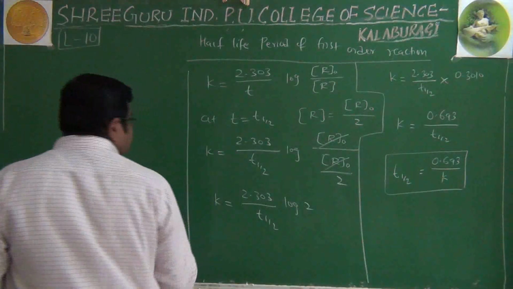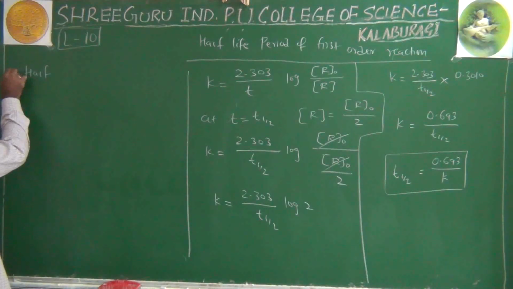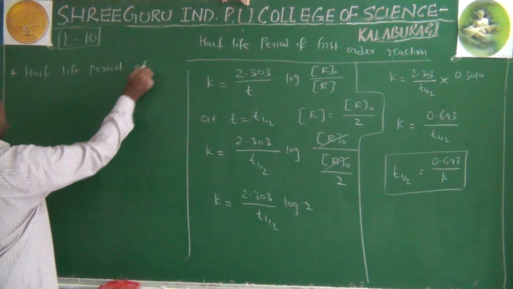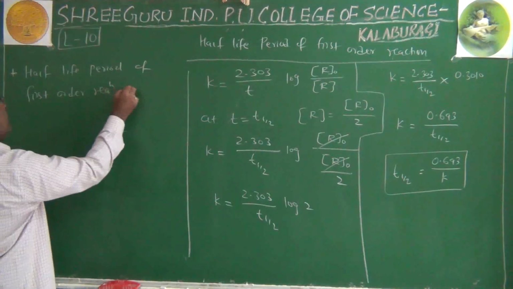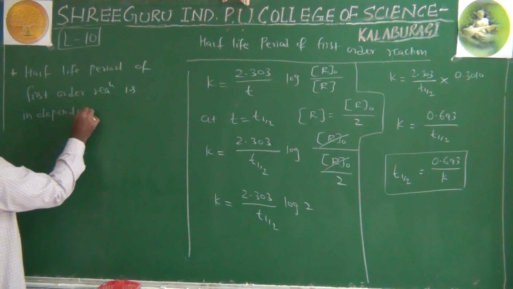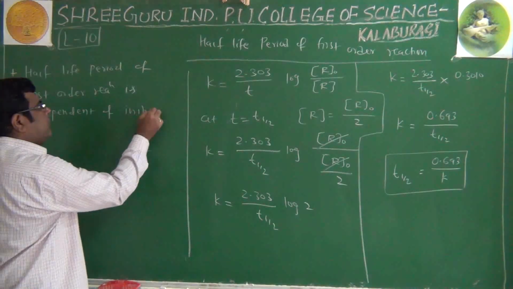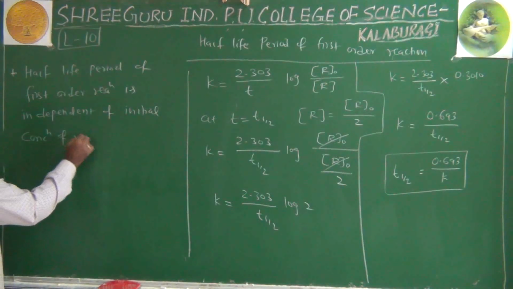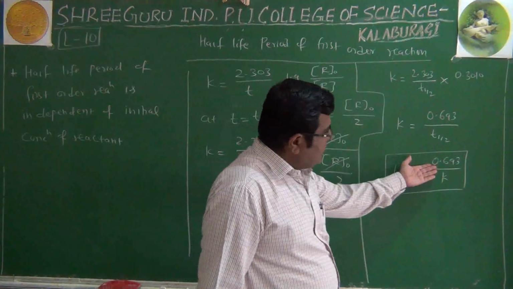Now what is the meaning of that? The meaning is that the half-life period of a first order reaction is independent of the initial concentration of reactant, because there is no initial concentration in the final form.